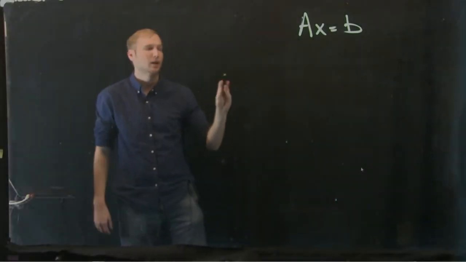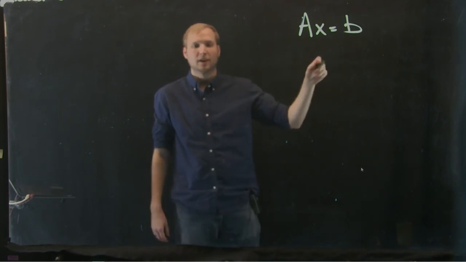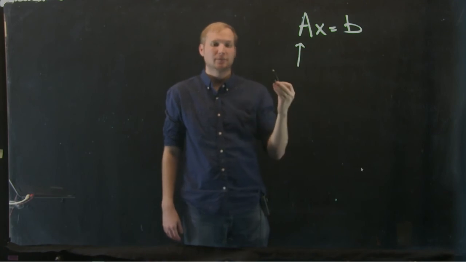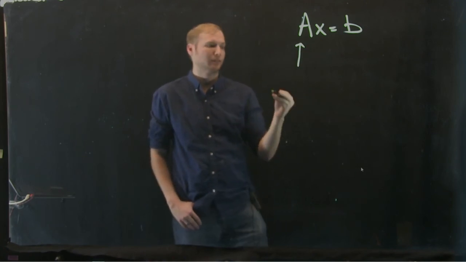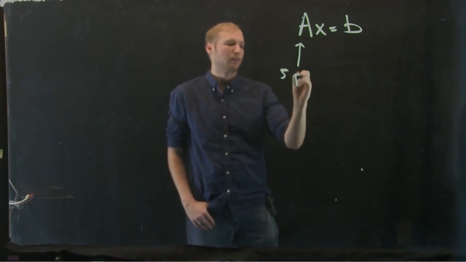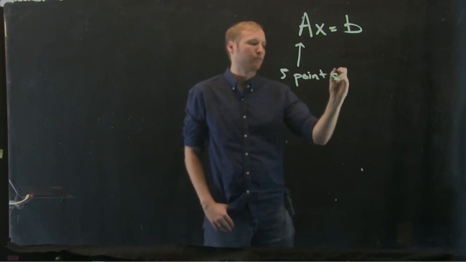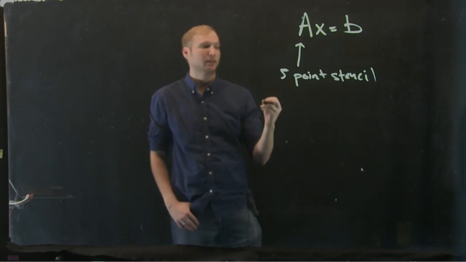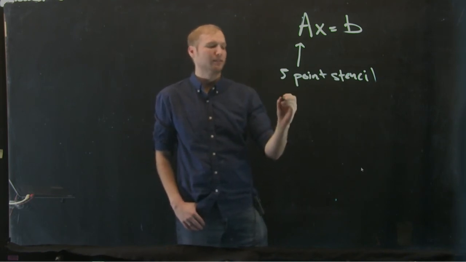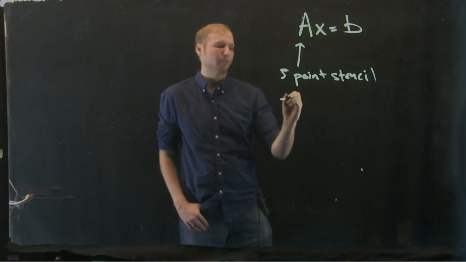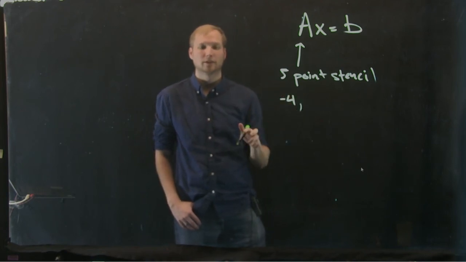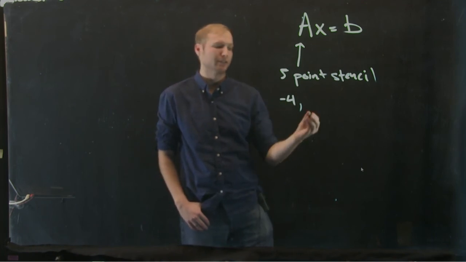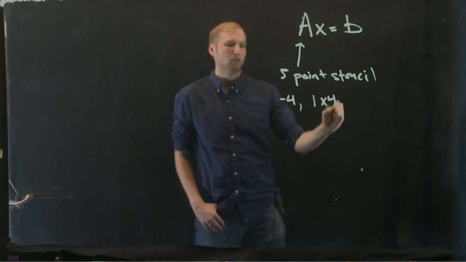Okay, so now we're going to talk about solving Ax equals b in a very particular setting. So in our setting, we want A to be given by the 5-point stencil on periodic grids. And on a periodic grid, one thing that you'll know about A is that the -4 is on the diagonal, and there are 4 other off-diagonal entries which have the value 1.